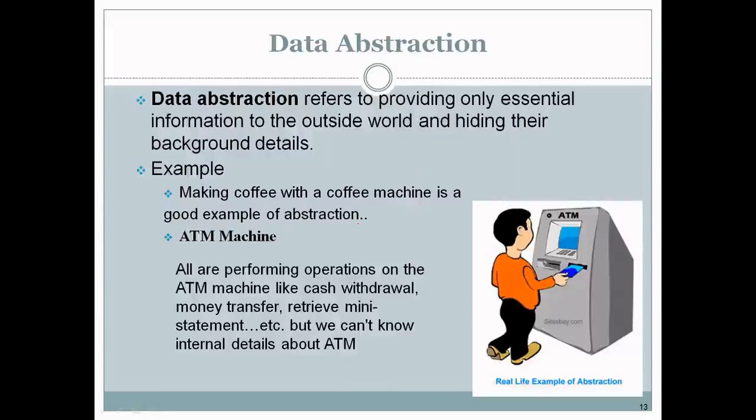The routes which are decided to establish a call between 2 points are not known to you, or the hardware which is used to establish your call is not known to you. You only know the user interface with a button. So only the required things are provided to the user and all the background details are hidden from the user, and this is called abstraction.